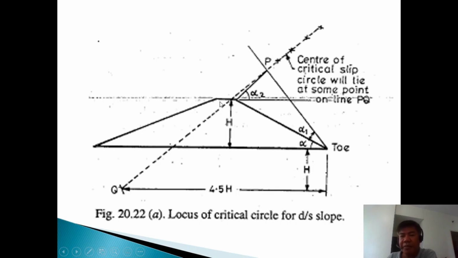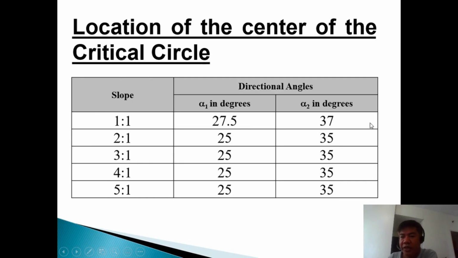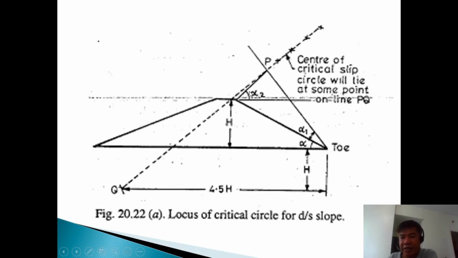Then on the crest, you draw a horizontal line, extend it, then draw alpha 2. What is the value of alpha 2? It is 37. So I measure 37, then click here. The intersection of the lines of alpha 1 and alpha 2, you can also draw this from point Q to that point. That intersection is actually the center of the circle. So that is the assumed one.